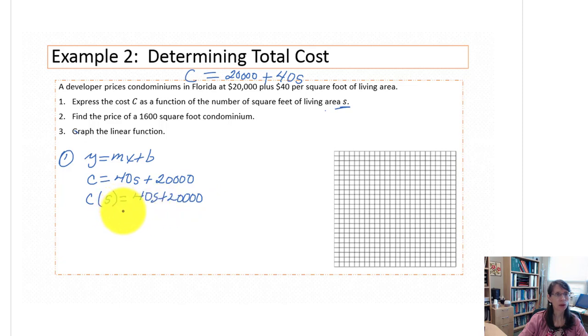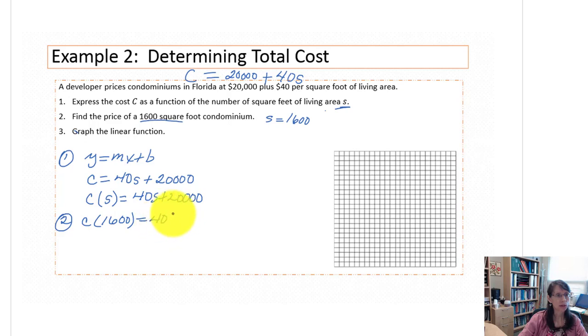Now this will help us to answer question 2. Find the price of a 1,600 square foot condominium. Since 1,600 represents the square footage, we know that S is worth 1,600, so we can make that substitution. We're actually looking for the cost of a 1,600 square foot condominium.